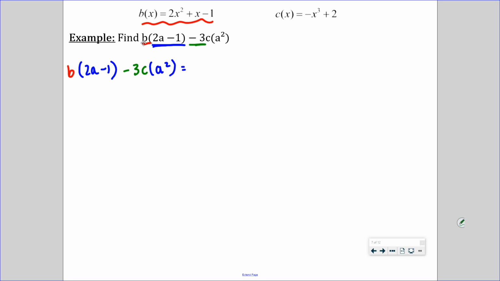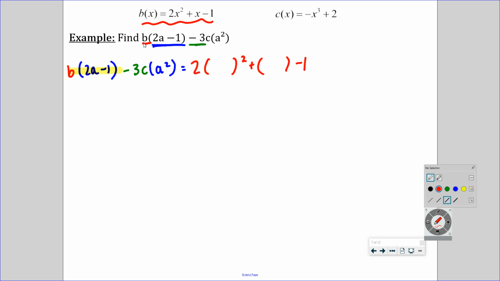Okay. I'll use my highlighter here. Starting with b of 2a minus 1. Use my b. Let's do the template. What would I plug into all those sets of parentheses?